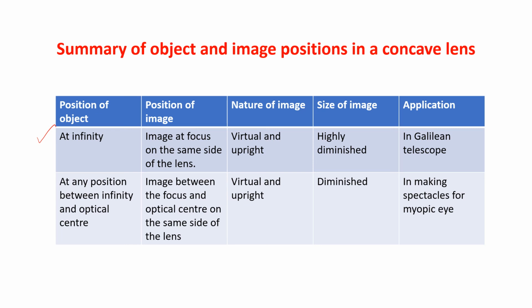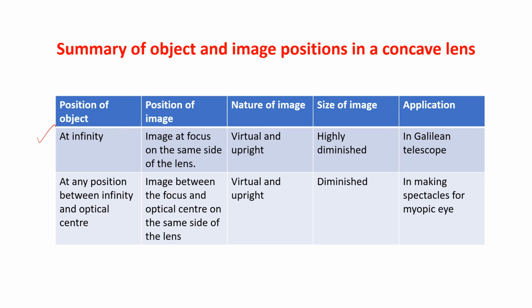And if the object is at a far distance, then the image will be formed at the focal plane. Am I clear? If it is infinity, then the image will be formed at the focus, and if it is at a far distance, then the image will be formed at the focal plane on the same side of the lens. In both cases, the nature of the image will be virtual and upright. The size of the image is highly diminished, and the application is in the Galilean telescope.